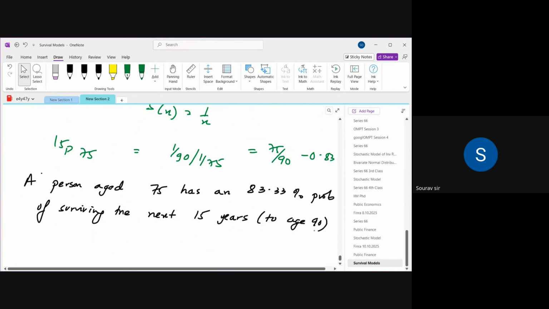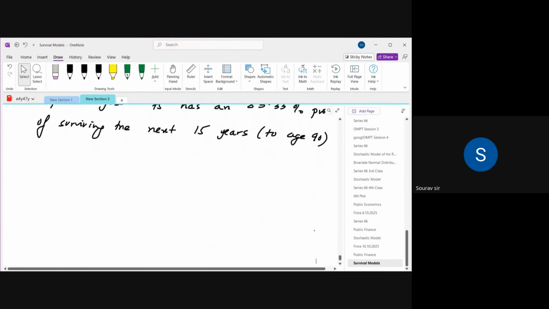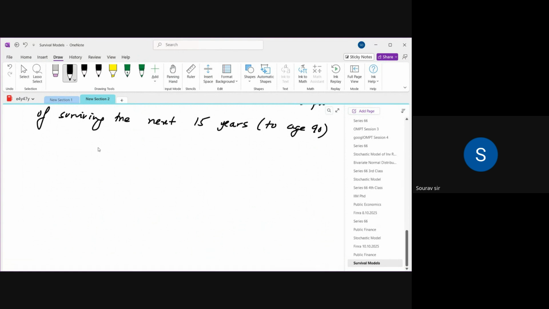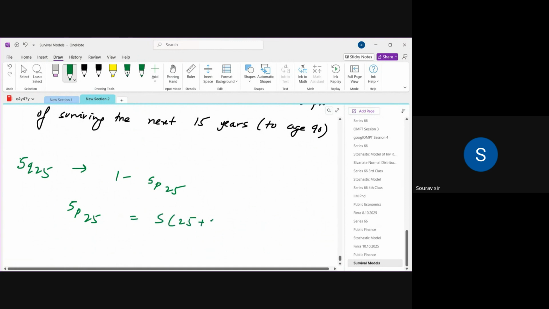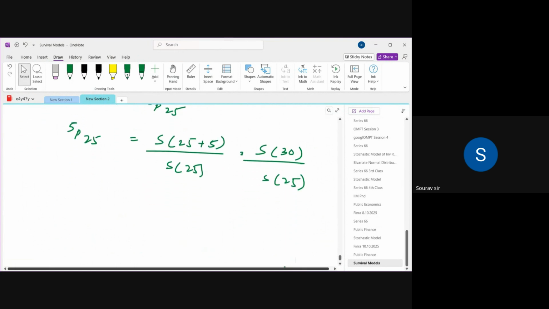Now for 25. 5q25, so that is 1 minus 5p25, correct? Here 5p25 is S(25+5) by S(25), so that is S(30) by S(25). You substitute S(x) equal to 1 by x.